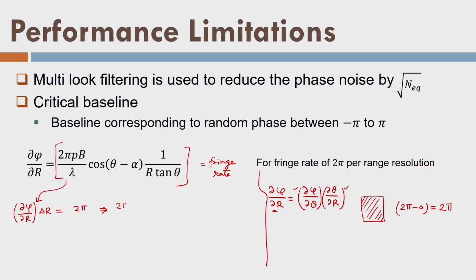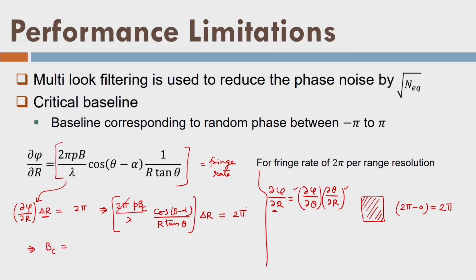I will get 2 pi Pb divided by lambda into cos of theta minus alpha divided by r tangent theta, into the delta r, which is here, should be equal to 2 pi. This is the way we define the critical baseline.